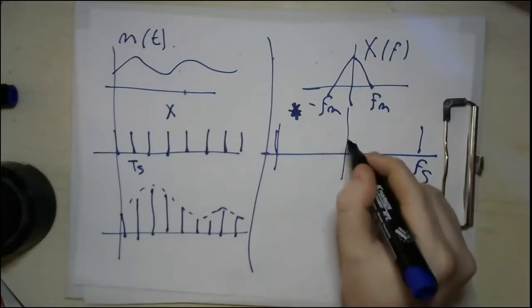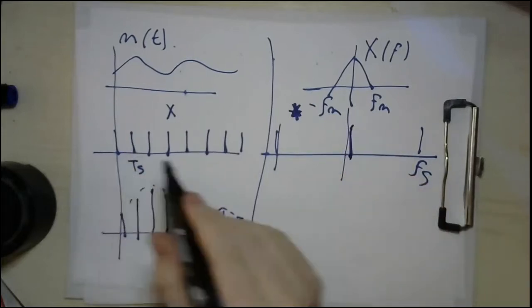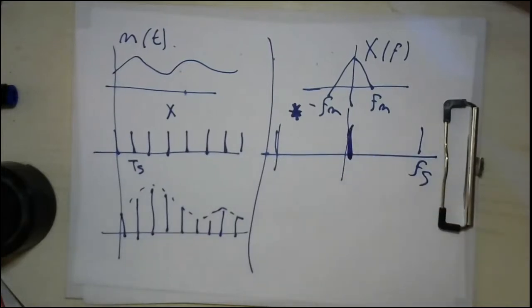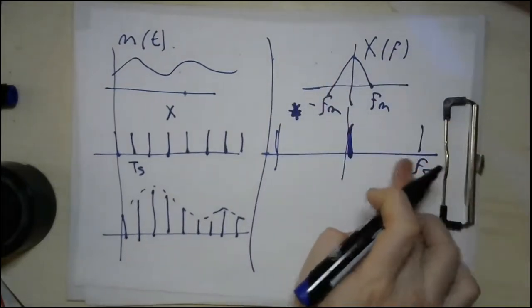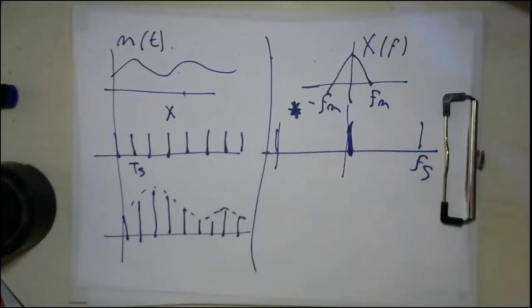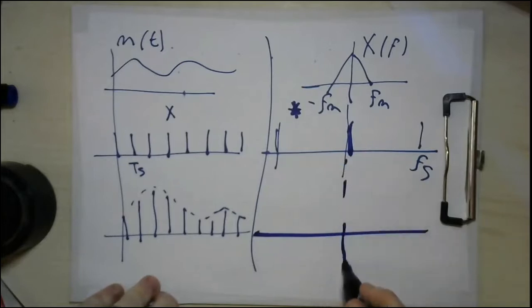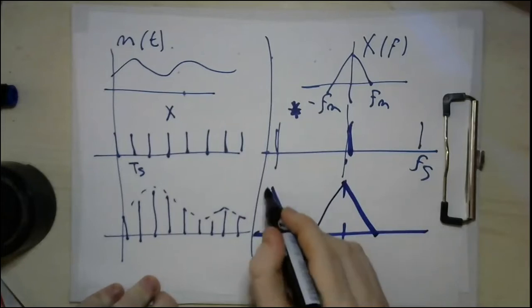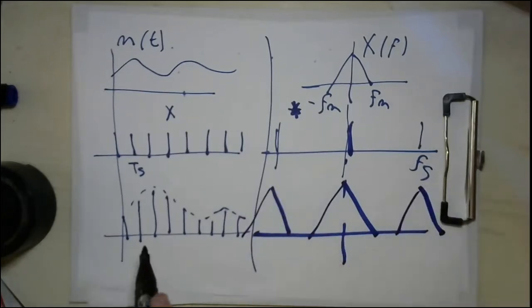But I just forgot that we already have a delta Dirac here at zero, so we have a delta Dirac here. So now the convolution will lead to just shifting this message to the places where you have the delta Diracs. So what you are going to do, my dear students, is you will have one triangle here, one triangle there, and a third triangle here. This is the output. This is the frequency domain.